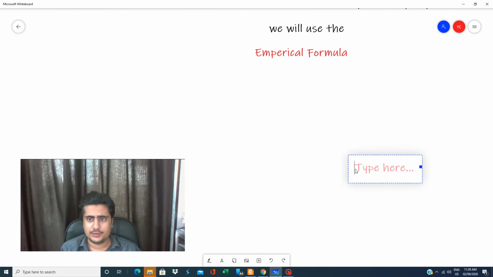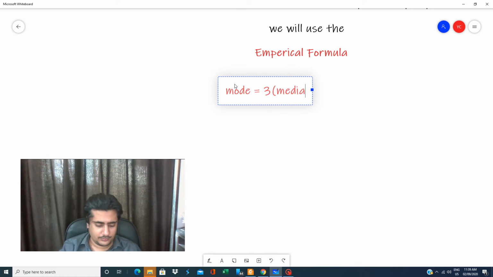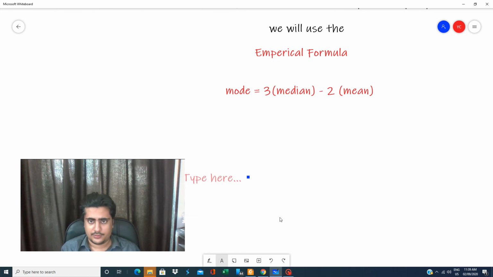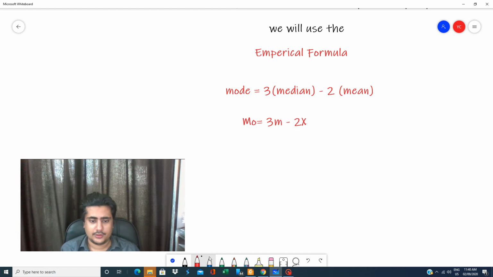In short, you have heard this empirical formula. What is this empirical formula, sir? It is mode is equal to 3 into median minus 2 into mean. Just wait. Mode is equal to 3 Me minus 2 x bar. Okay, this is the formula which you have done in your lower standards.